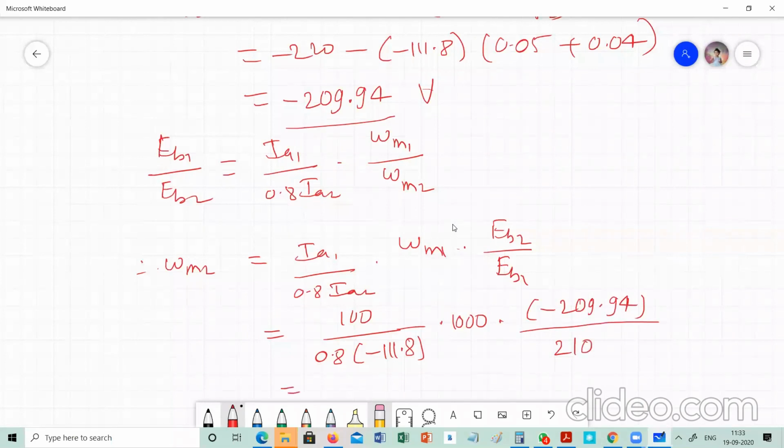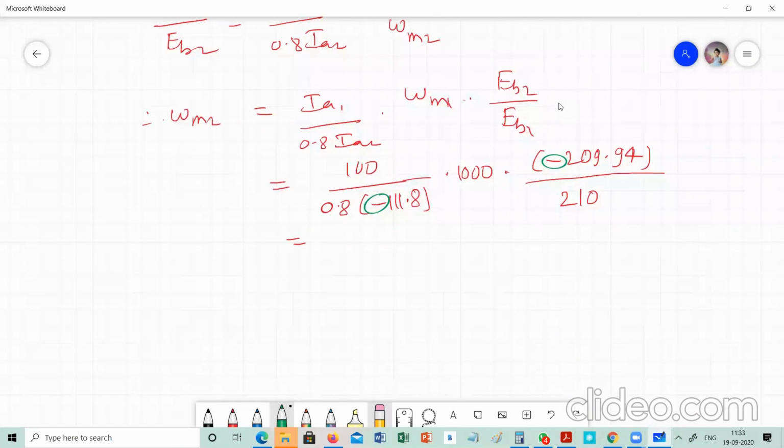This minus and this minus will get cancelled. If you solve, the value equals 1117.69 RPM. करेक्ट आहे का चेक करा. Minus change झाल्यामुळे जे साइन आहे ते प्लसच राहिलं. So the speed direction is not going to change. The machine will rotate in the clockwise direction, the same direction.